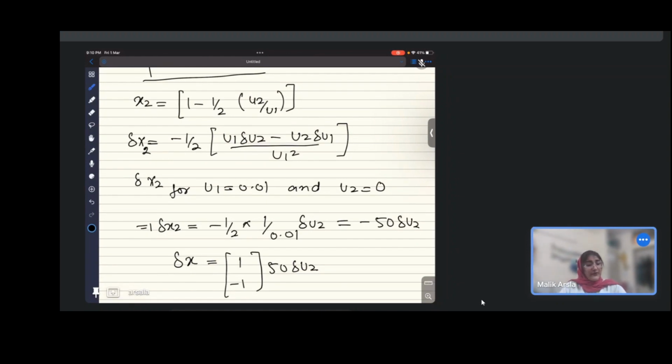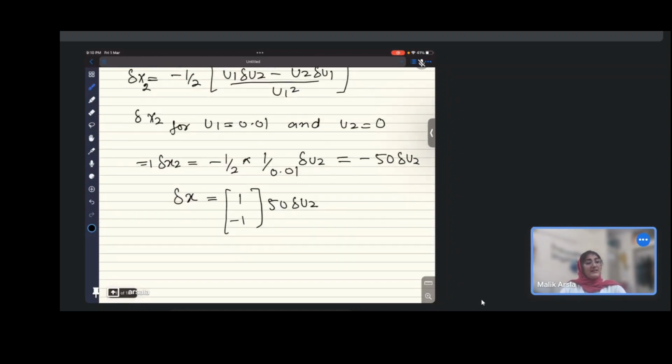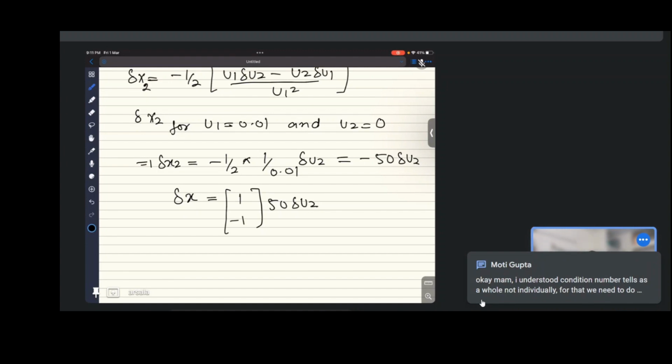From this part we understand that the ill conditioning of the system is because of u2, not u1. For changes in u1 the system remains insensitive, but for changes in u2 the system is sensitive. Even a small delta u2 gives a magnification of 50. Otherwise, the condition number itself told us whether the system is ill conditioned or not.